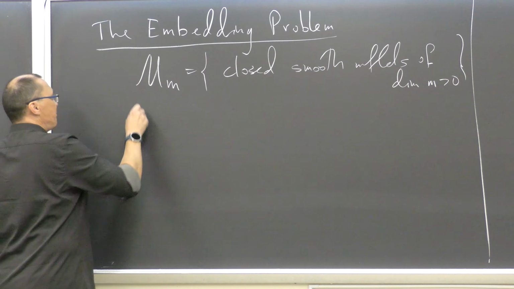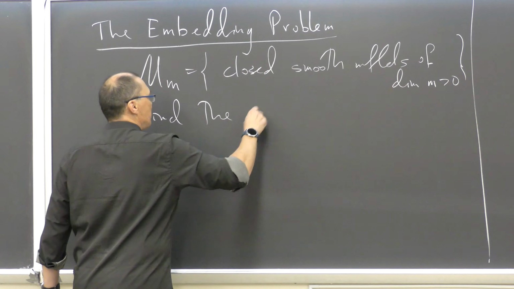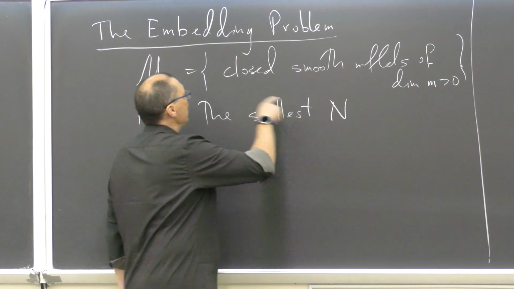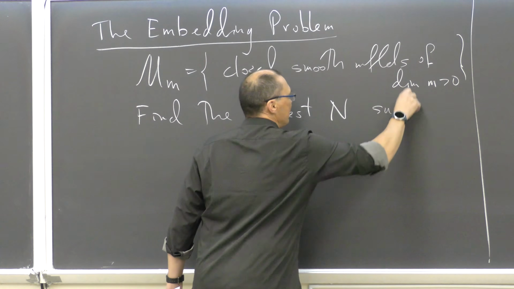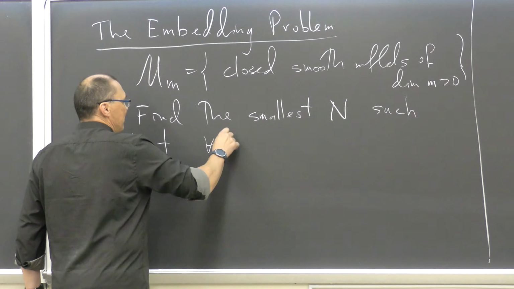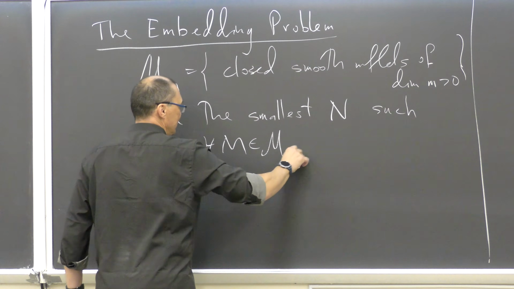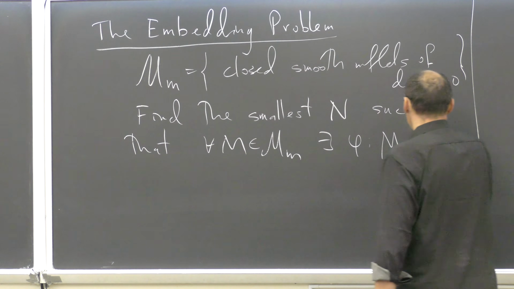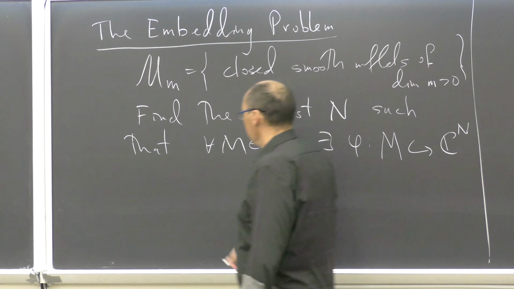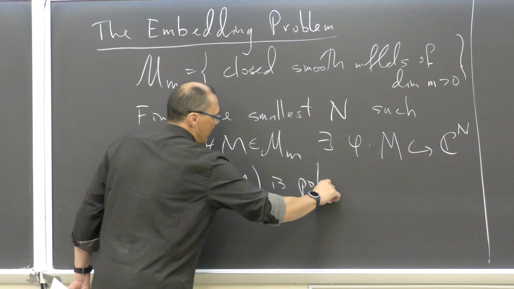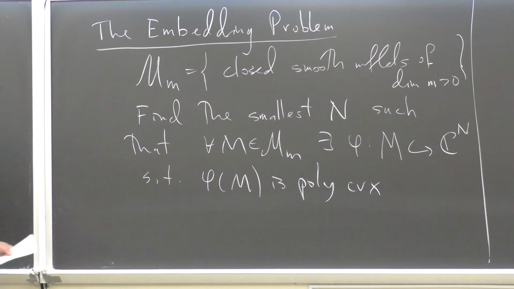And the question is to find the smallest capital N, which will depend on m, such that for any manifold in this class, there exists a smooth embedding phi of M into Cn, such that phi of M is polynomially convex.